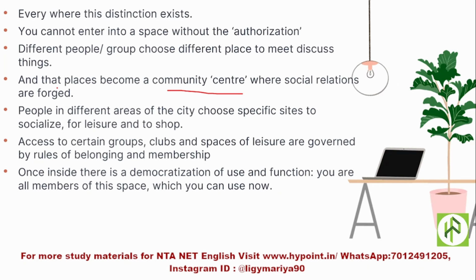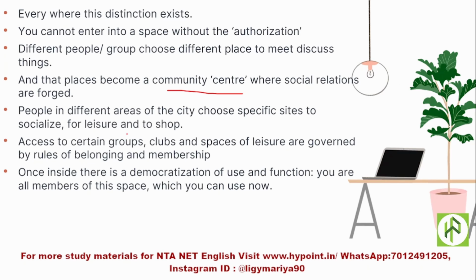People in different areas of the city choose specific sites to socialize, for leisure and to shop. Rich people do their shopping in a different way. Women do their shopping on one side, men on another. Men can go to certain spaces, but women are not so comfortable going into certain spaces in a city.